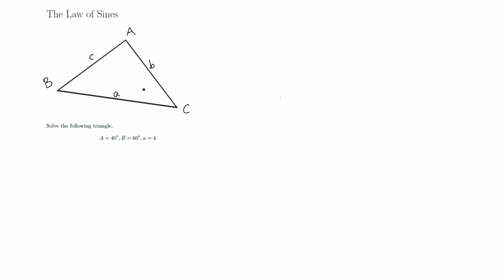Then the relationship between these 6 parts is given by sine of angle A over a equals sine B over b equals sine C over little c.